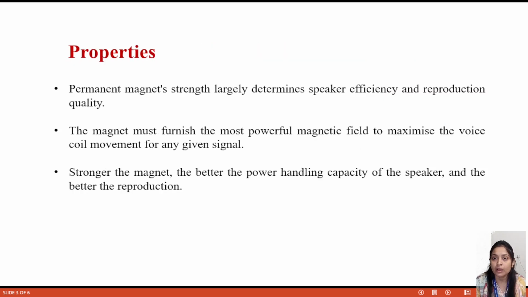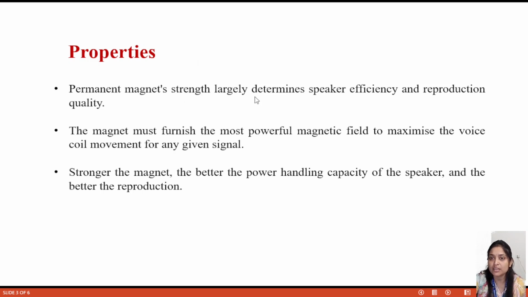Now what are the important properties that are essential for making a good loudspeaker? The first is permanent magnet strength. If you use a very high strength magnet, then it will be a stronger and very good loudspeaker.